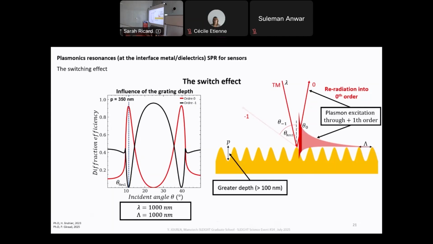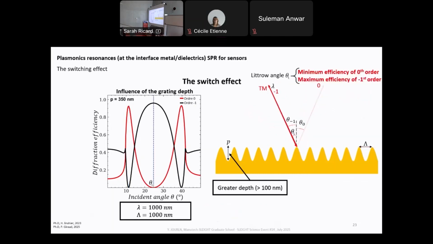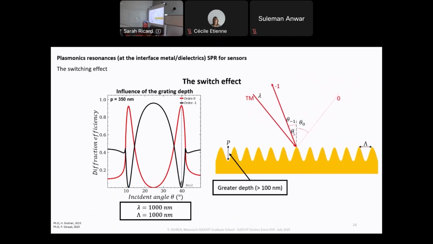And why is it so strong? Because we work with what we call, in my grating community, a strong grating, because the depth of the grating is very high. We have a strong interaction which can explain the energy transfer.